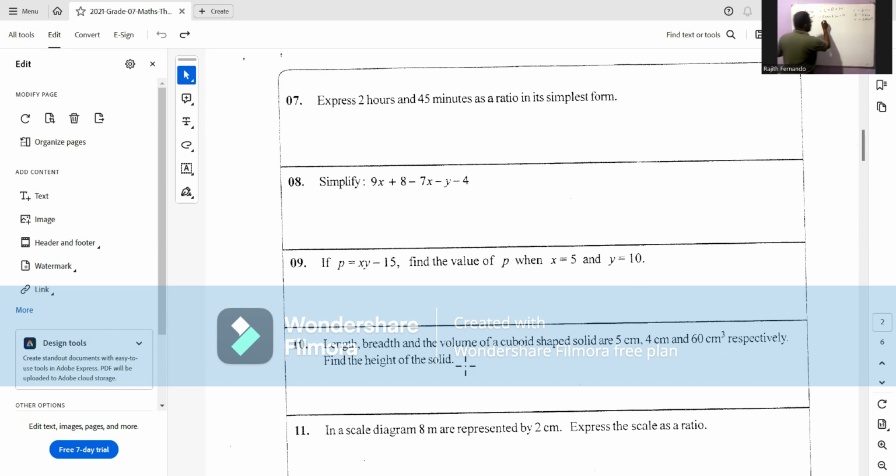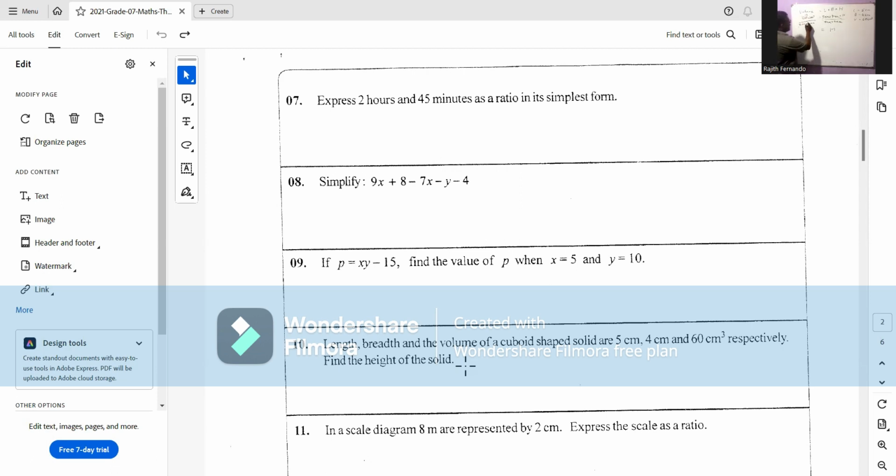Then you can divide both sides by 5 centimeters and 4 centimeters. On this side too, you divide by 5 centimeters and 4 centimeters. Then what is going to remain? You can cancel 5 centimeters and 5 centimeters, 4 centimeters and 4 centimeters. The right-hand side is going to remain only the height h. Then cancel 60 by 5, that is 12.